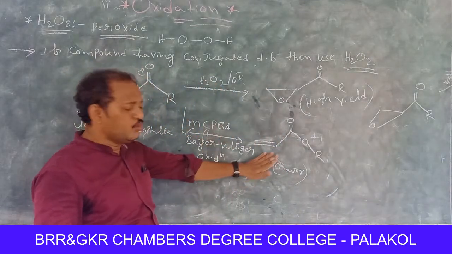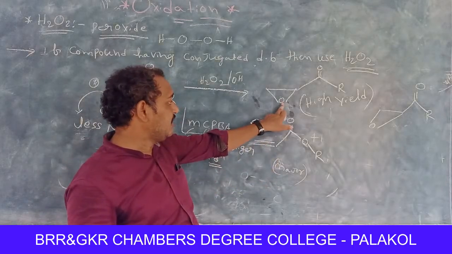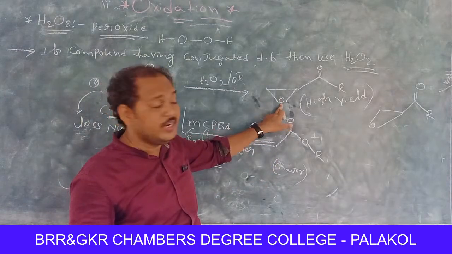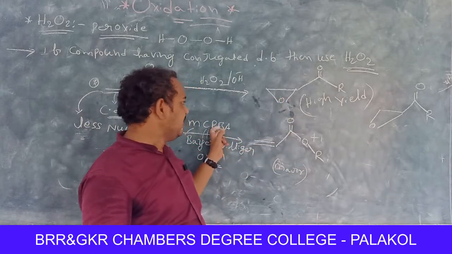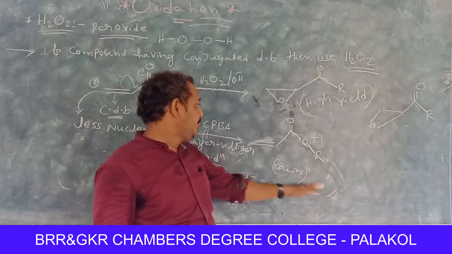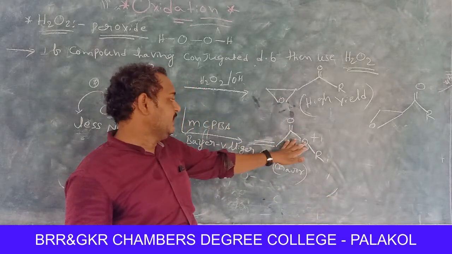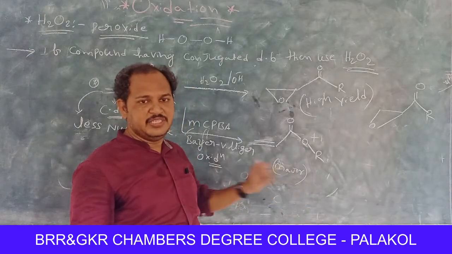But we don't require this product. What we want is to convert it into an epoxide. We want only epoxide formation. But if you use mCPBA, you will get epoxide only as the minor product. If you use mCPBA, you will get the ester, and that is major.